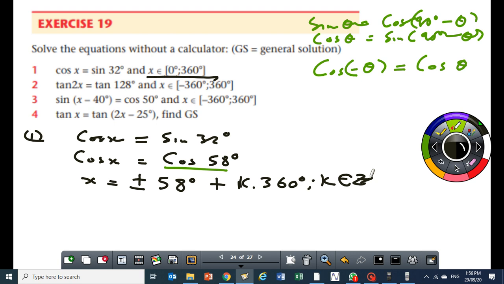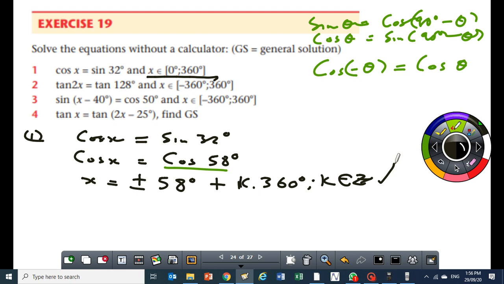Okay? So from here, we're almost done. We've got our two general solutions there. Then the next thing is to find the values of x now. This is the general solution. It's not the answer, but it is the way to the answer.